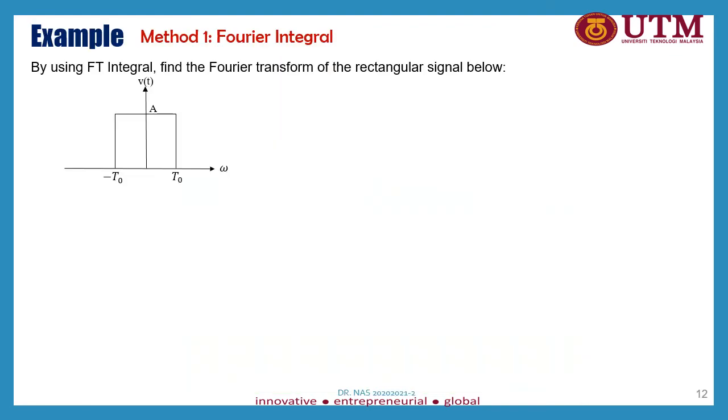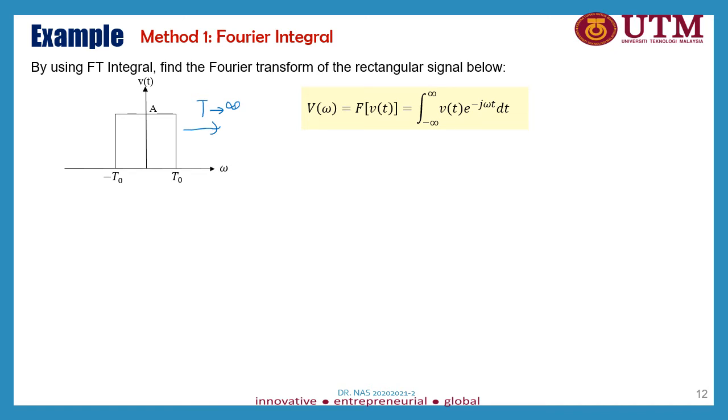Okay, let's look at the same shape of signal, a rectangular signal. How do we get the Fourier transform of this rectangular signal when T is not known, assuming T approaching infinity? Okay, by using the first method, the Fourier integral, you need to perform the integration.